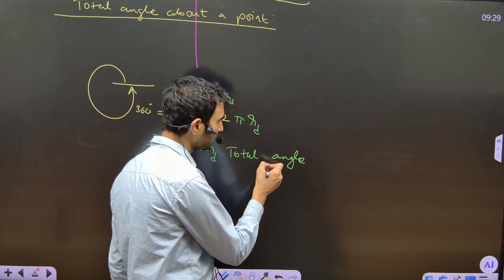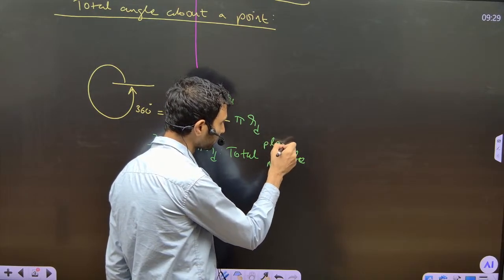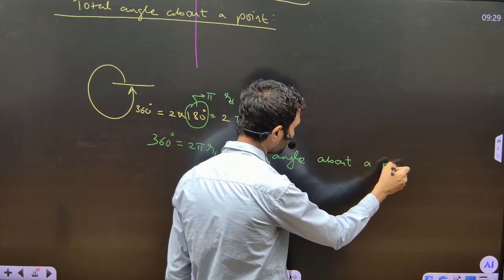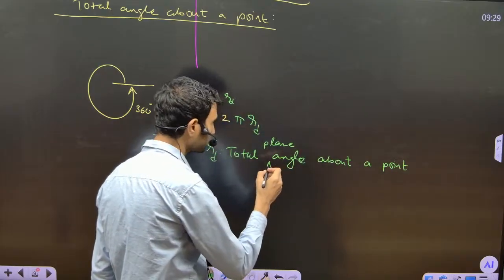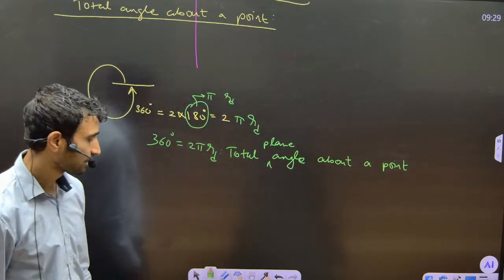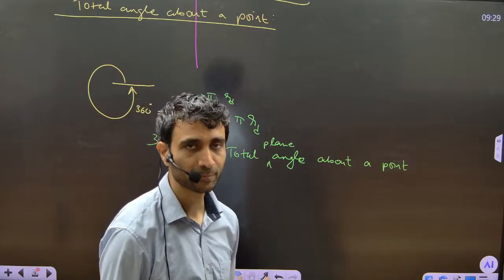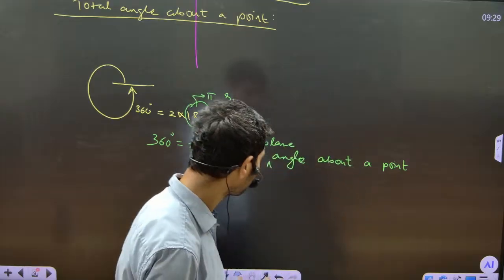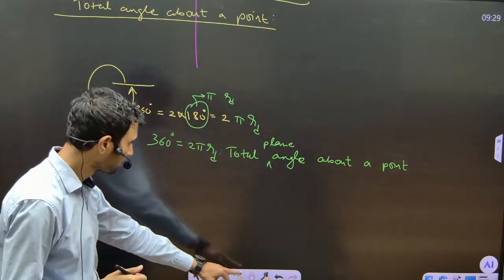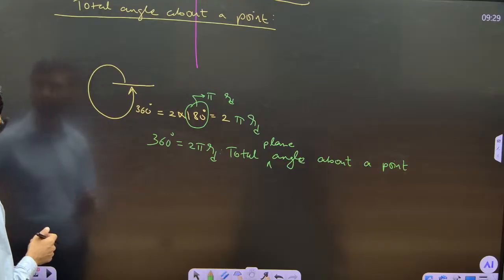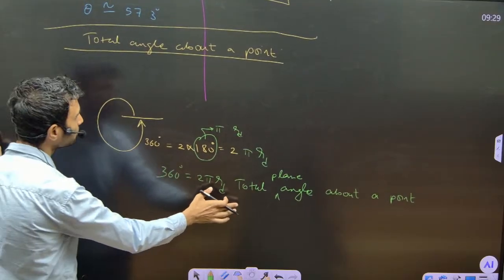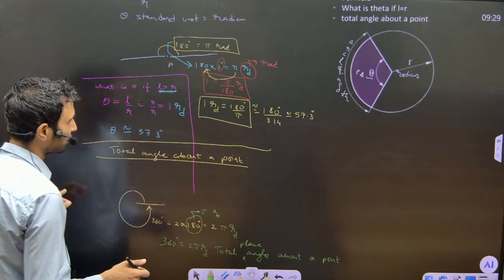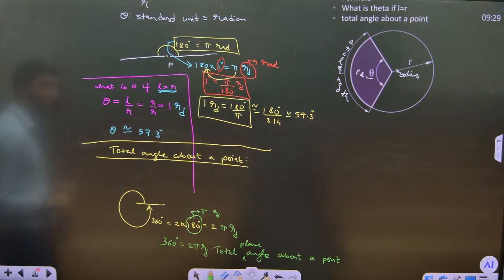The total plane angle about a point is 360 degrees or 2 pi radian. So you can take down the important point for moving forward.